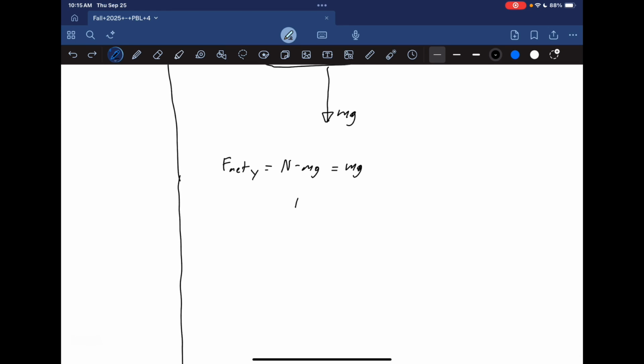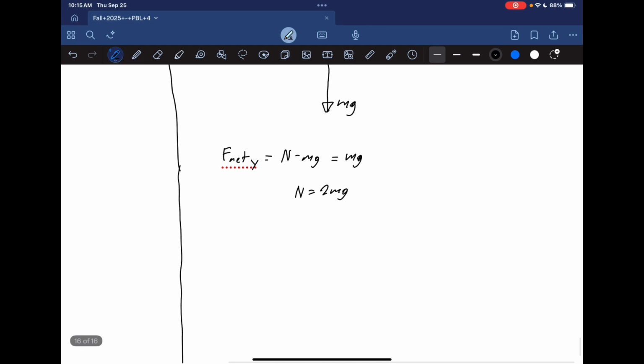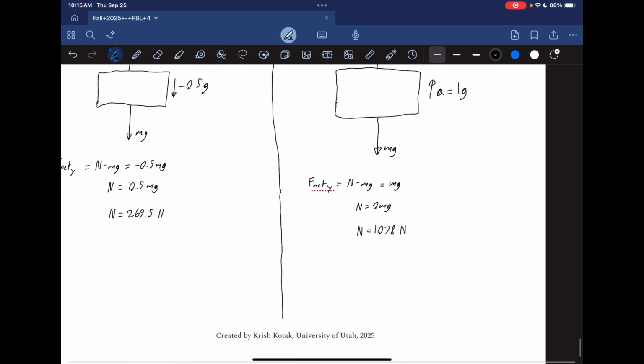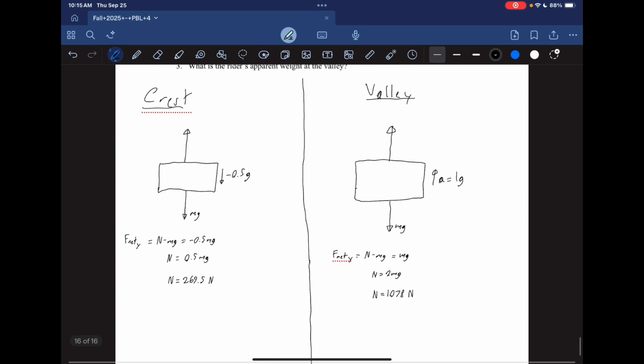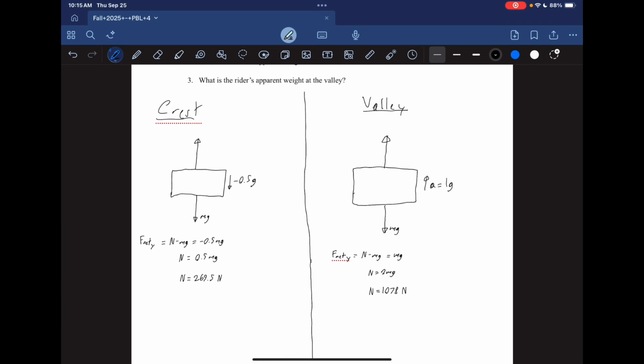Add mg to both sides, and you get N equals 2mg. Plug in your 55 kilogram mass and your 9.8 gravity, and you get that N is equal to 1078 newtons. And that is the end of this problem and the end of this video.